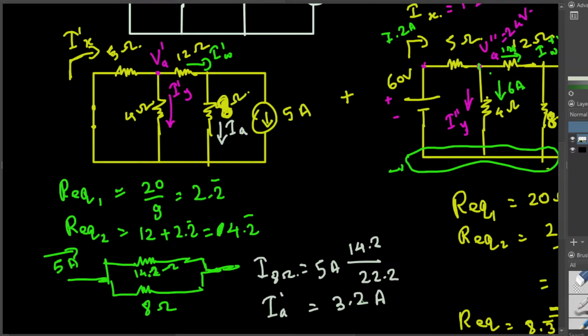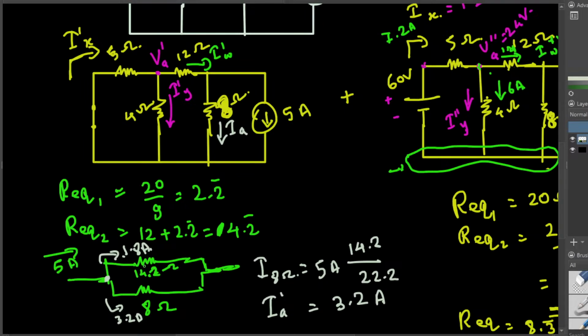If the current through the 8 ohm resistance is 3.2 ampere, what's the current through this? We can apply KCL, because KCL says the current entering a node is equal to the current exiting it. So 3.2 ampere is gone here, and the rest has to go through this: 5 minus 3.2, that is 1.8 ampere. So 1.8 ampere is passing through the 14.2 ohm resistance.